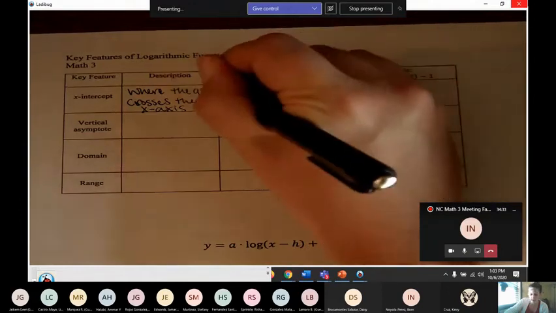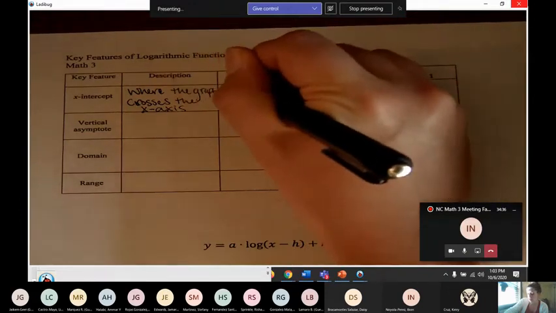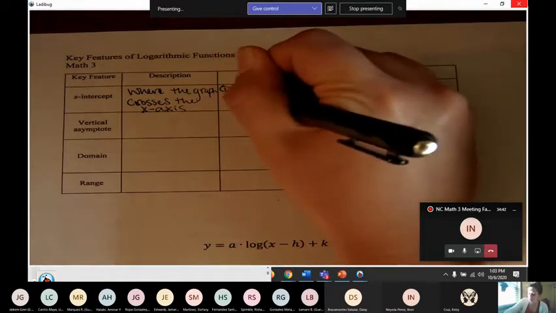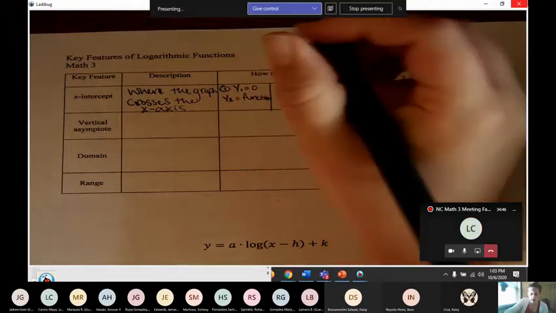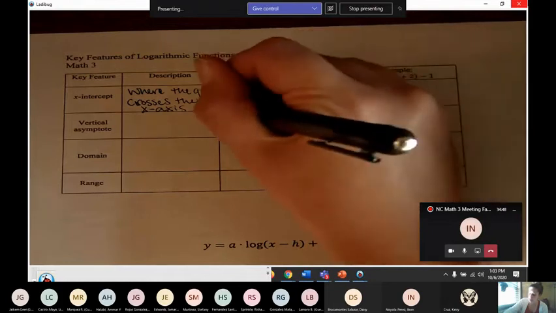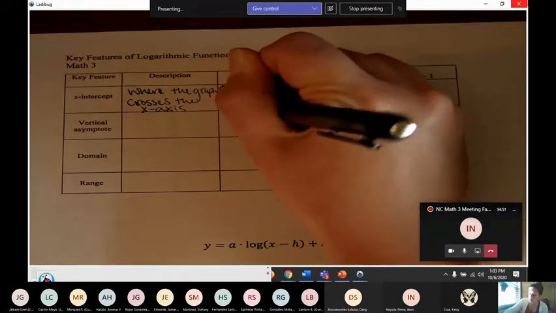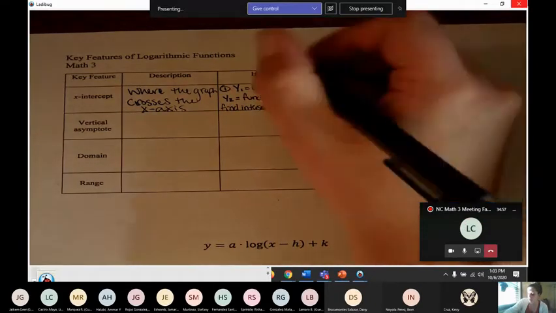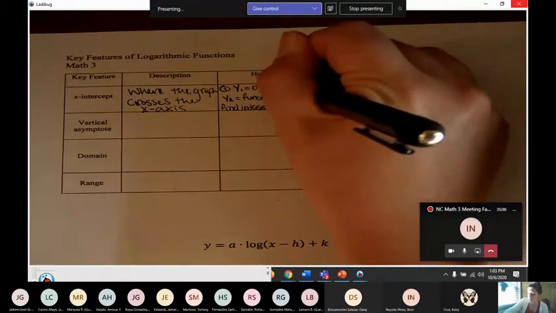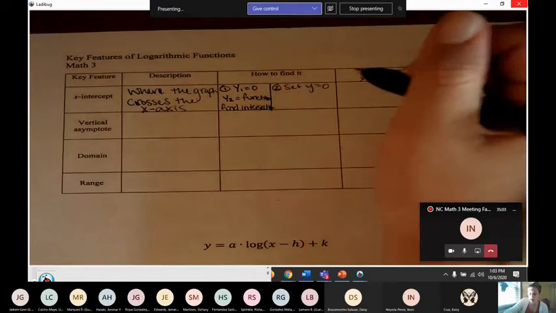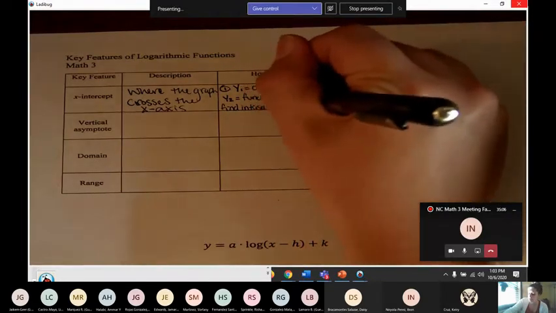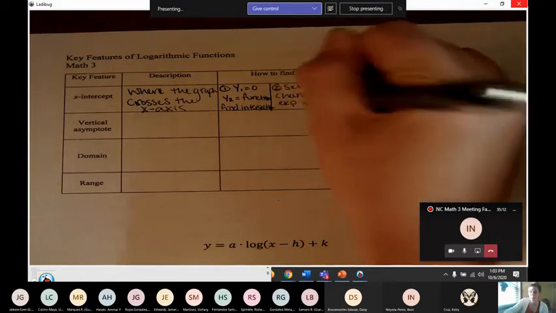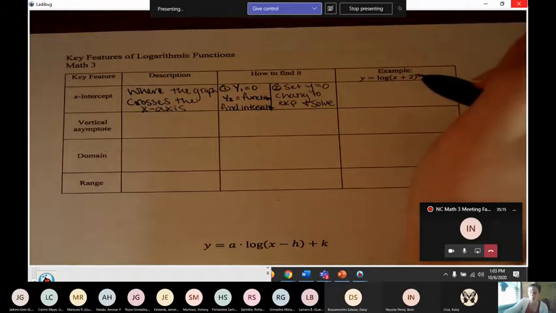The first way is to set y1 equal to 0 in your calculator, set y2 equal to your function, and then find the intersection. The second way is to set y equal to 0, change to an exponent, and solve. That's kind of what we did in the last problem.